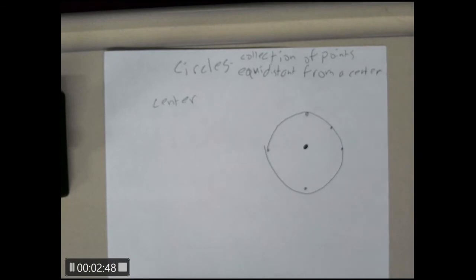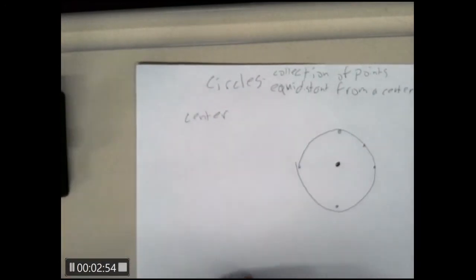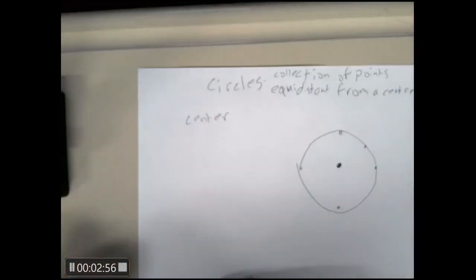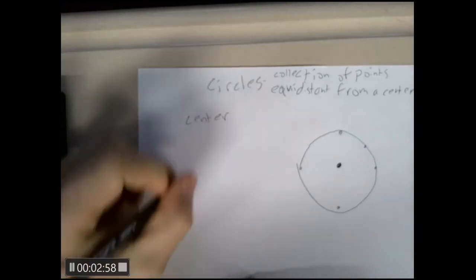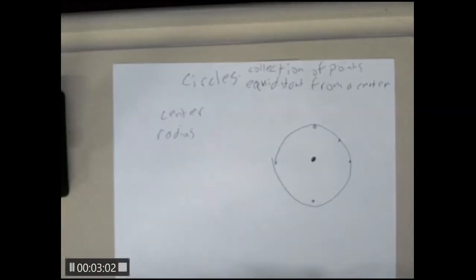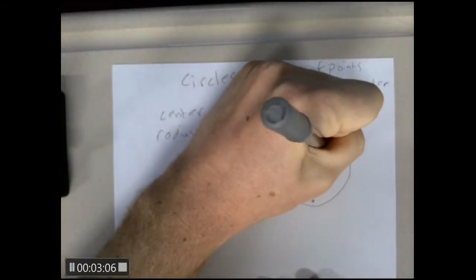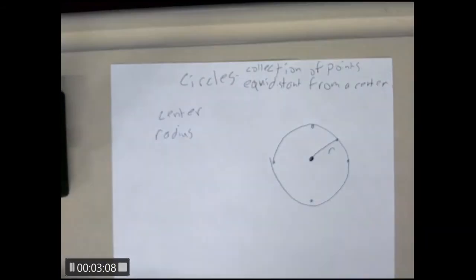And so we have our center. And all these points are equidistant away. That equidistant, how far away it is, is called our radius. So our radius is how far away each of these points are. The distance from here to here is a radius. It's an r.